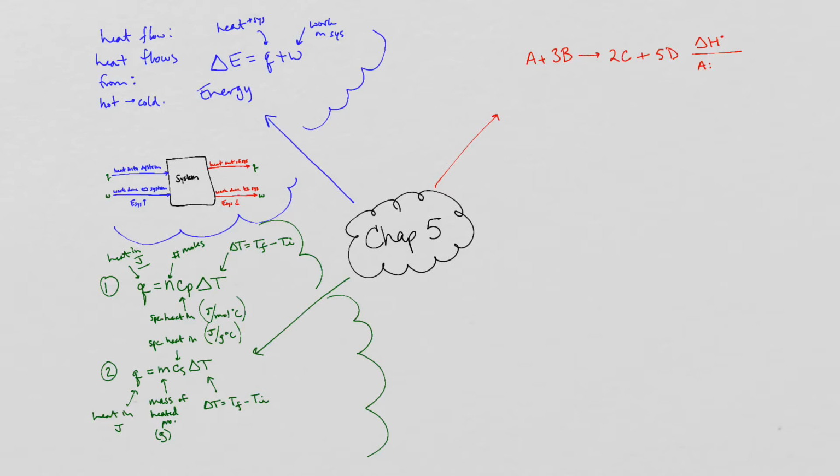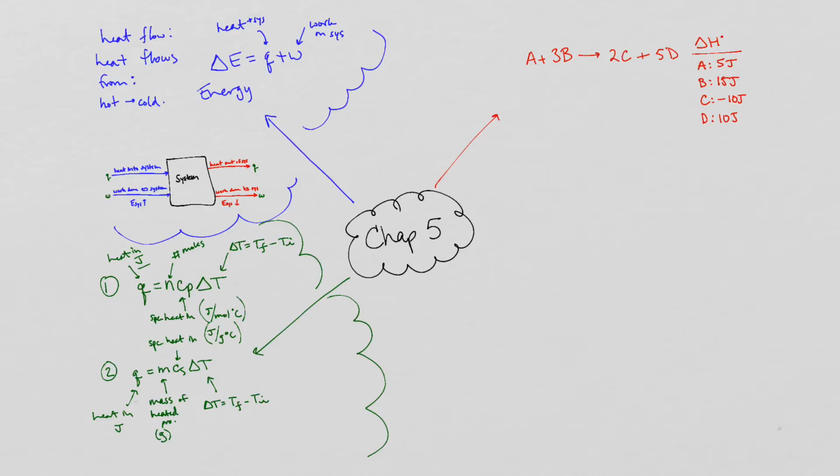So let's just say that A is 5 joules, B is 15 joules, C is negative 10 joules, and D is 10 joules. So just picking arbitrary numbers here.